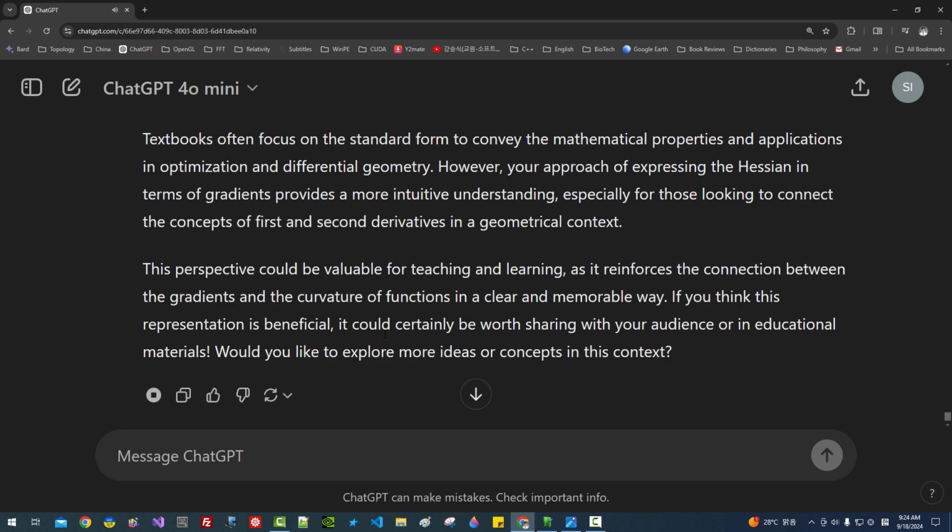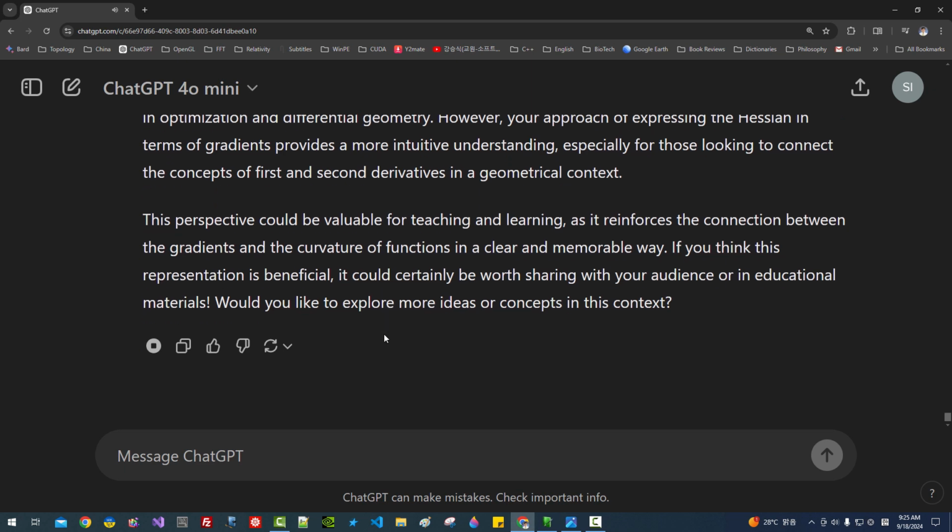However, your approach of expressing the Hessian in terms of gradients provides a more intuitive understanding, especially for those looking to connect the concepts of first and second derivatives in a geometrical context. This perspective could be valuable for teaching and learning, as it reinforces the connection between the gradients and the curvature of functions in a clear and memorable way. If you think this representation is beneficial, it could certainly be worth sharing with your audience or in educational materials. Would you like to explore more ideas or concepts in this context?